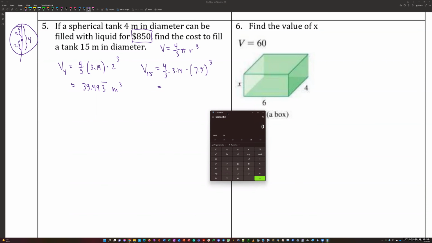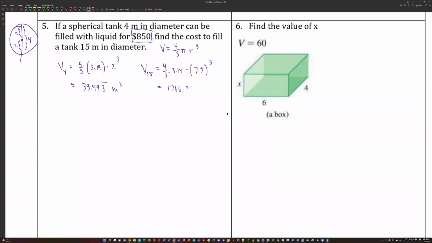Let me just make sure I typed it correctly. 7.5 cubed times 3.14 times 4 divided by 3. 1766.25 meters cubed. Does that make sense? Yeah. Yes.